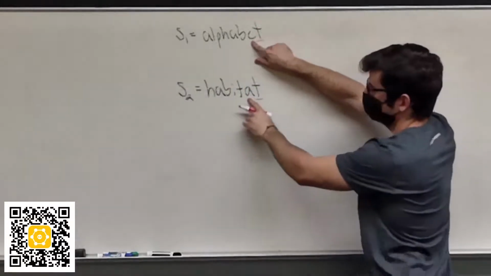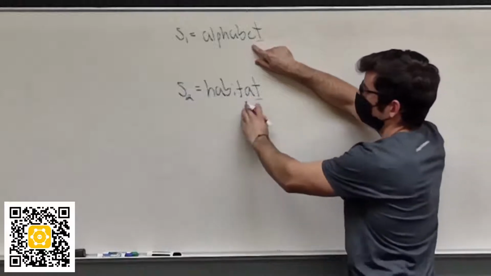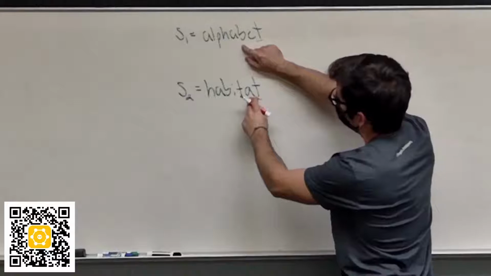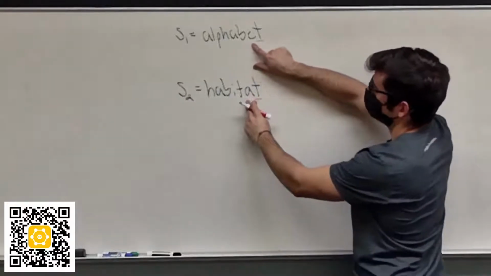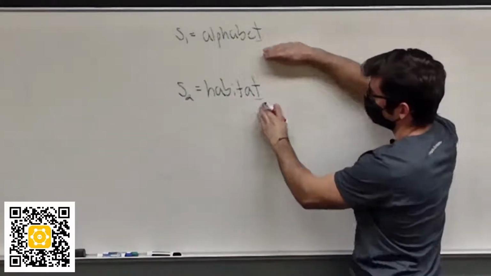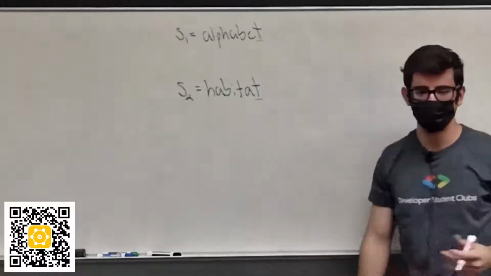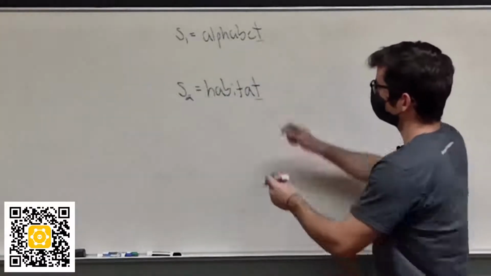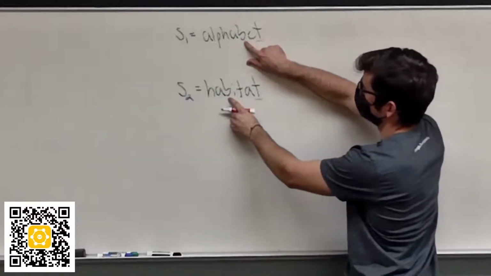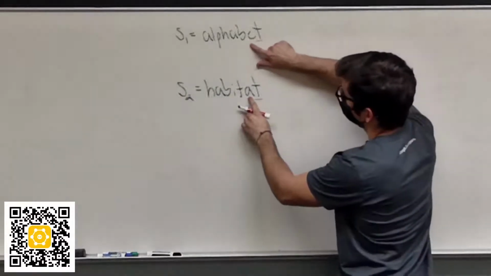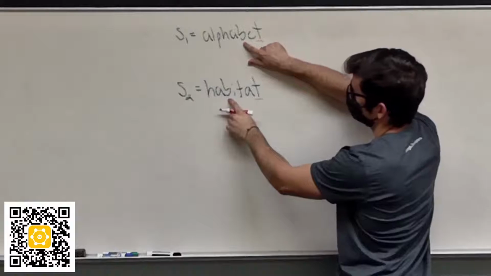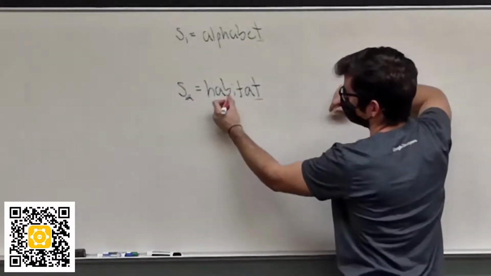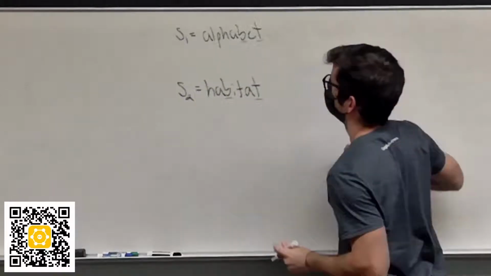The A and E are not similar, so I can ignore that. The A and B are not similar, and the E and T are not similar. So I can continue moving down until I find another character that they both have in common. In this case, it's the B. I moved all the way down until I found the B in alphabet and the B in habitat, and I marked that as part of my answer.